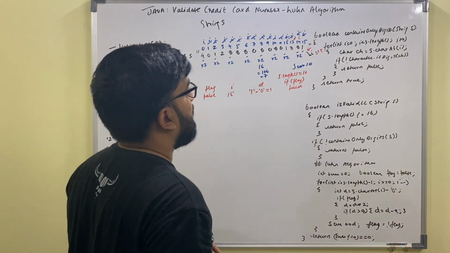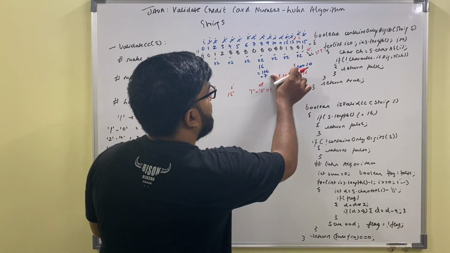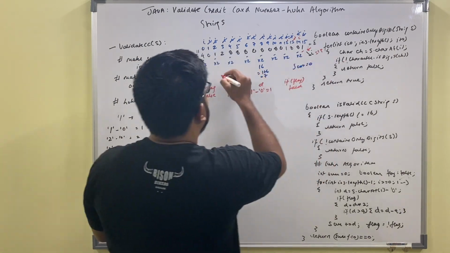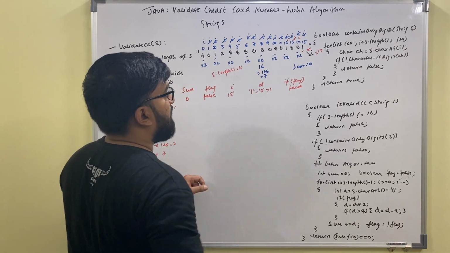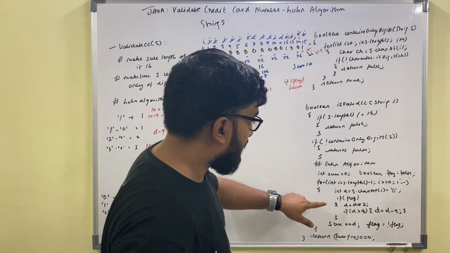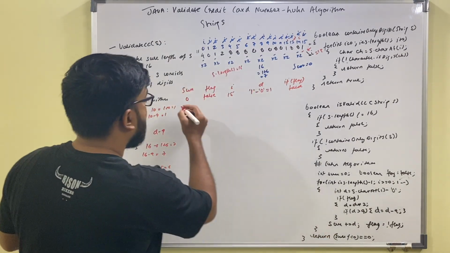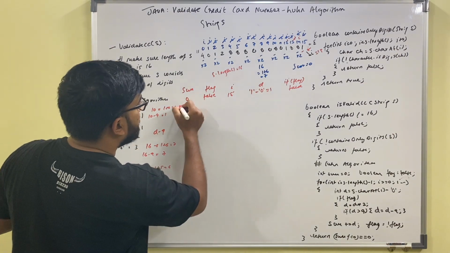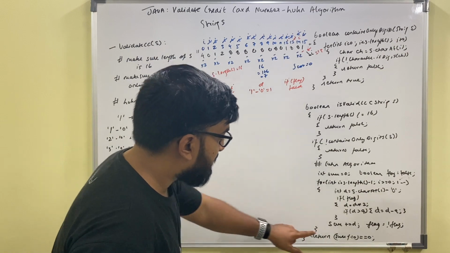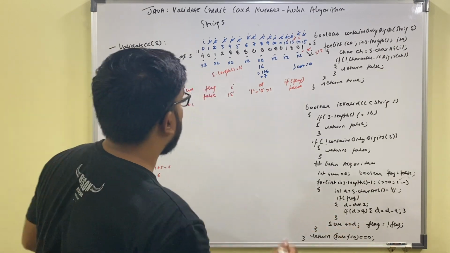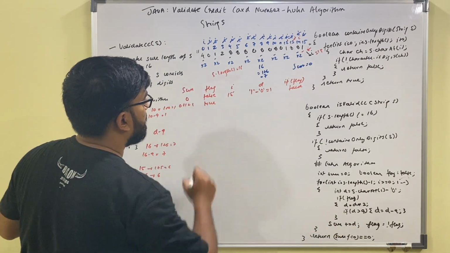If flag is false, nothing happens. Sum plus equal to D. Sum is 0 plus 1 equal to 1. Okay, you go back and flag is not flag becomes true.